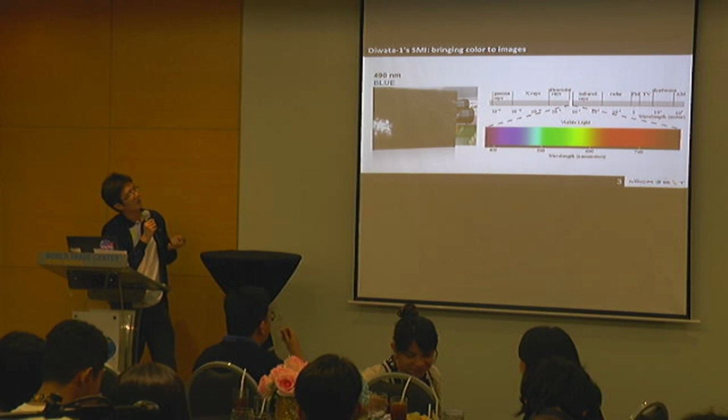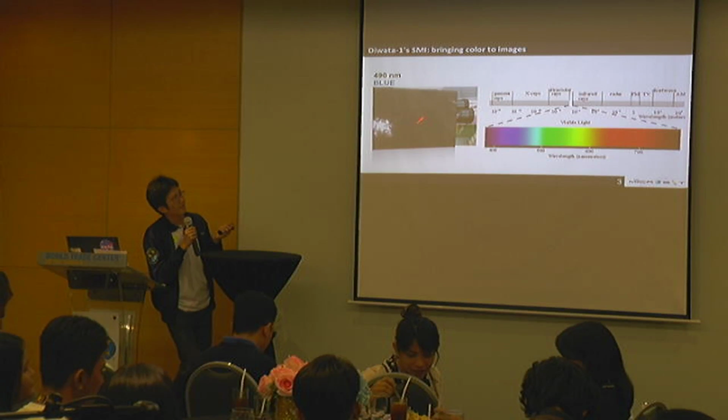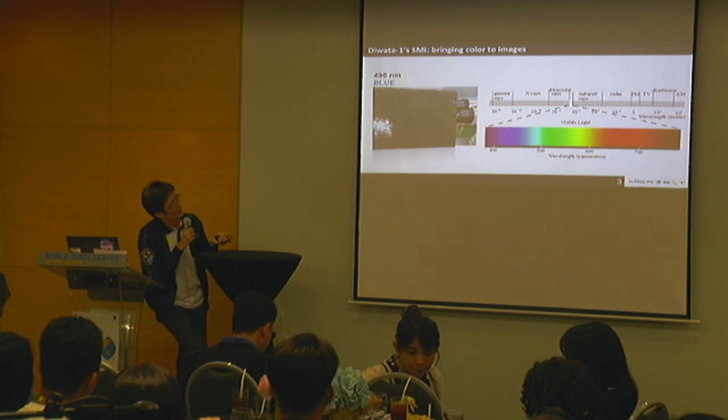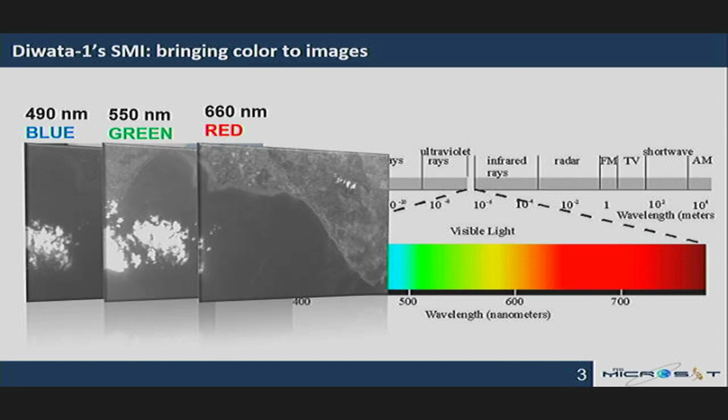So here's a sample image of a place in the Philippines, colored in blue. Another one was taken using a green image, and then another one using red. So it's black and white. The computer doesn't know what color it is until we tell it that it's actually blue, green, or red.